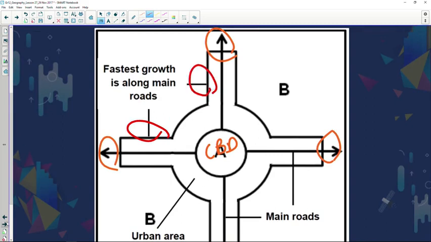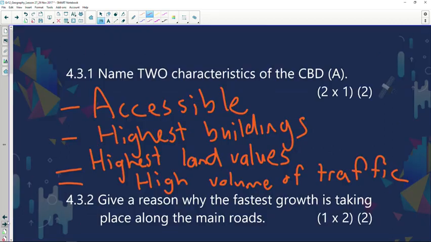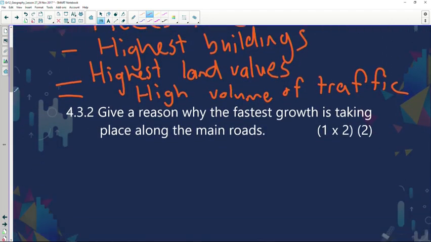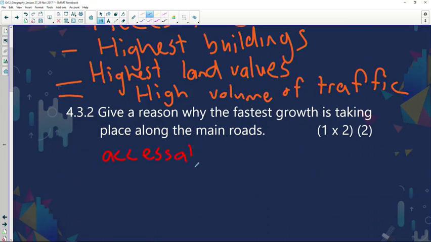Now, the reason why is because of its accessibility. People don't want to be stuck in the CBD with congestion. So it's accessibility. It's easier to get in and out. It saves time and money, because it costs money to sit in traffic, the congestion, more petrol.